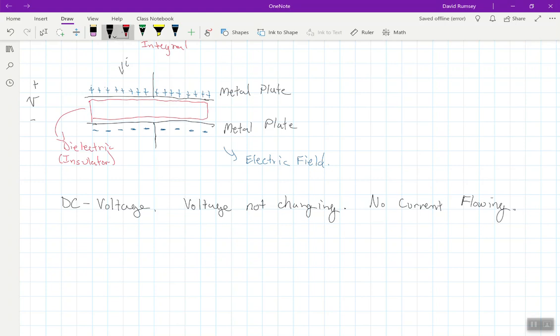Now there's a big assumption here. We assume the capacitor has charged up. There is a finite amount of time to charge a capacitor.